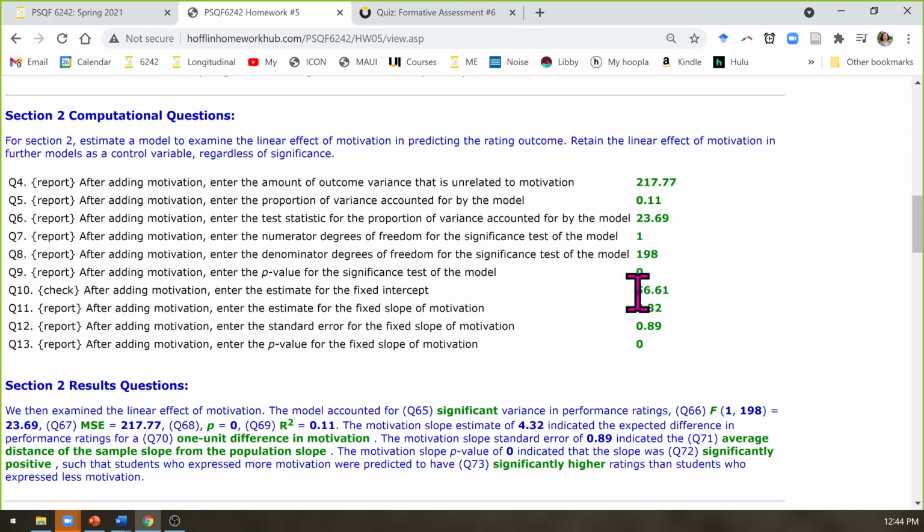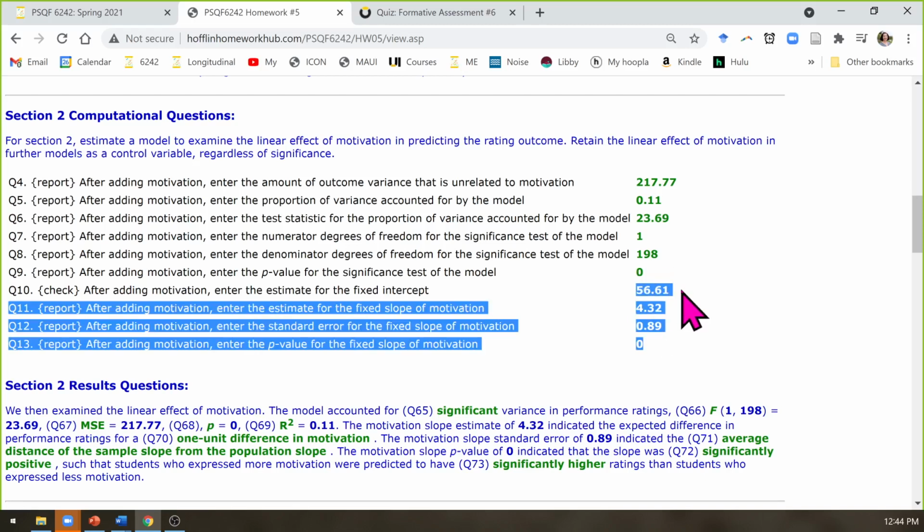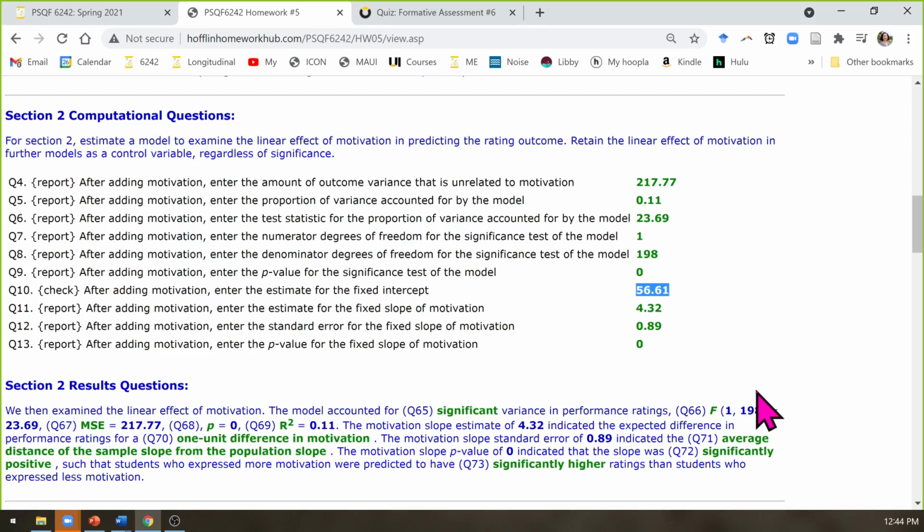The fixed intercept. So I helped a few people troubleshoot this. In practice here, why would my fixed intercept potentially be wrong, but everything else be right? When might that happen? If we didn't recenter, I think this one was the quantitative and verbal scores.